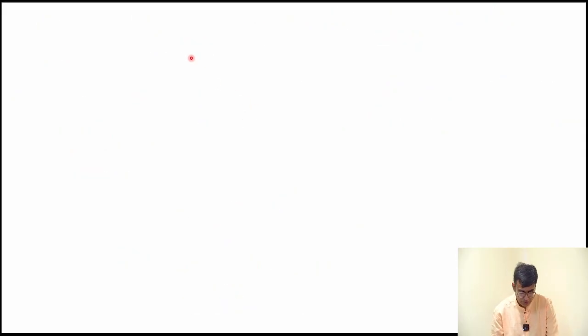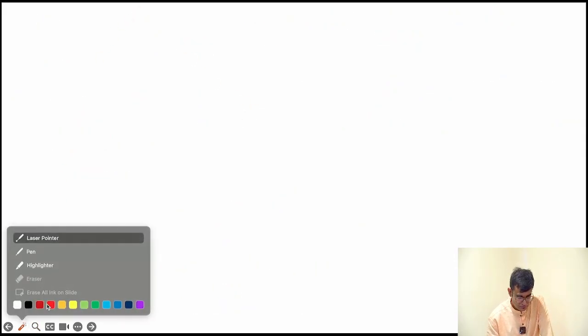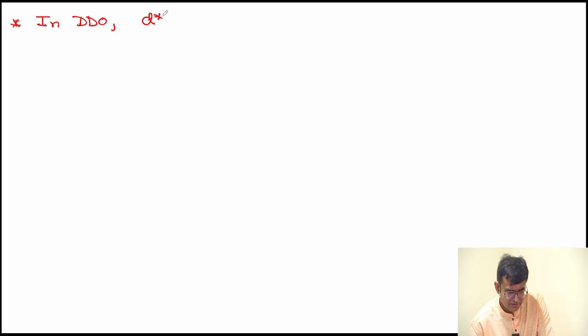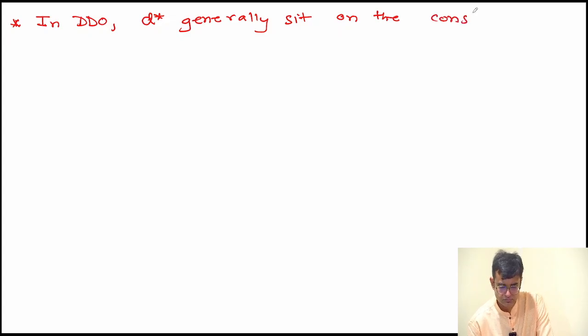so what I was saying is that in DDO, DSTR generally sit on the constraint boundary, right?